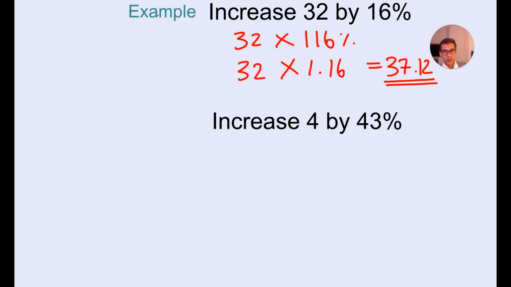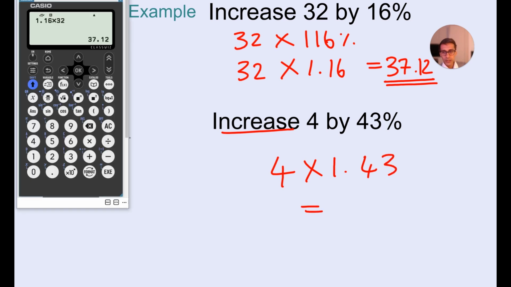Increase 4 by 43%. Now, as you become more proficient with this, you can go straight to the calculation. So it's 4 times, now it's an increase, so it's 143%, which is 1.43. So 4 lots of 1.43. Let's put that on our calculator. 4 times 1.43 equals, now we can write this as a fraction.